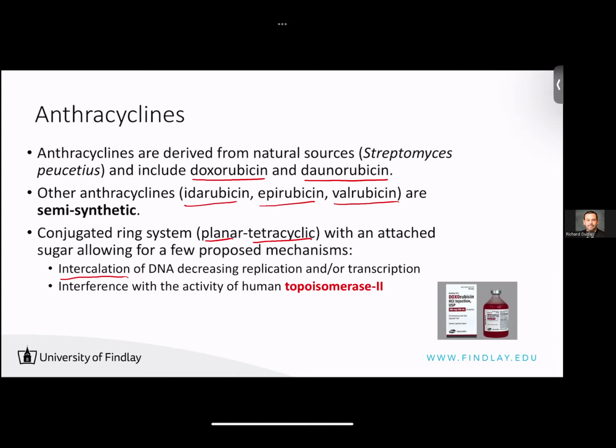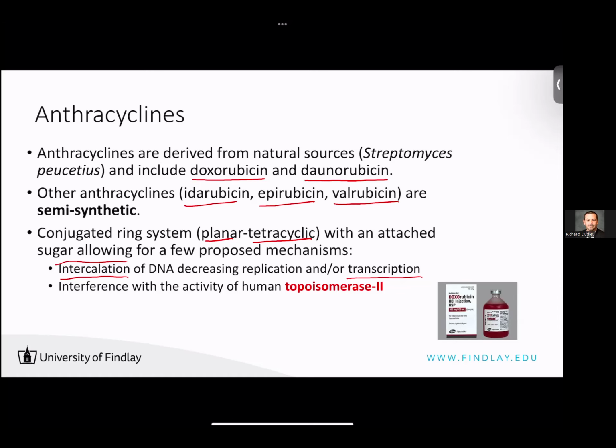So these molecules can intercalate DNA, and when they do so, they create a situation which makes it very difficult for polymerase enzymes to replicate DNA, to unwind DNA, or to express the DNA for the purposes of making RNA. Right? So transcription is reduced and DNA replication is reduced. And that's all because of intercalation.